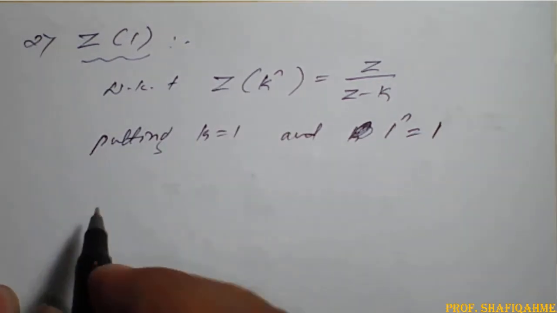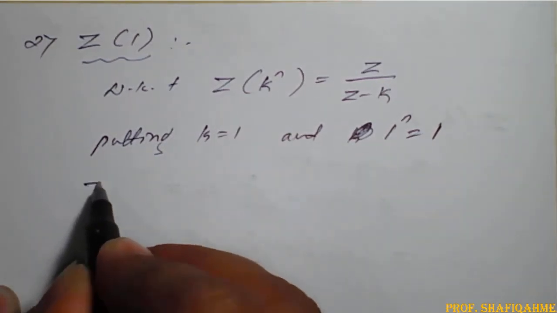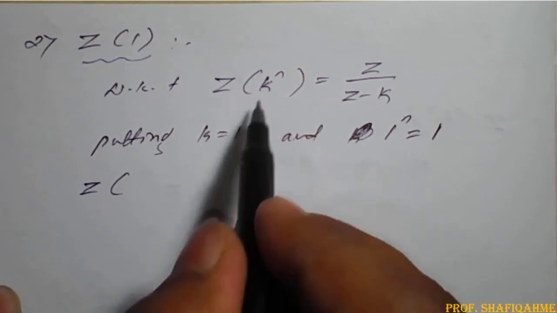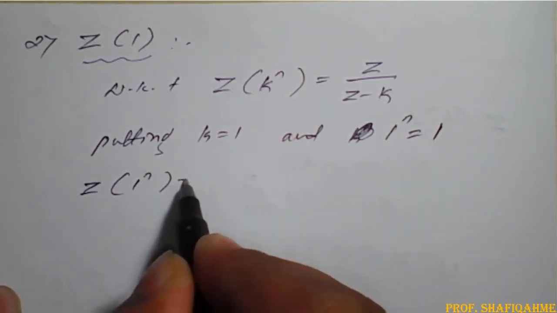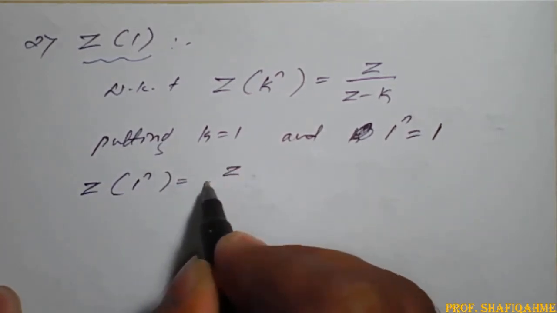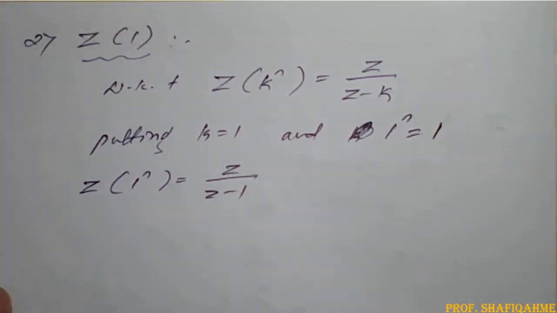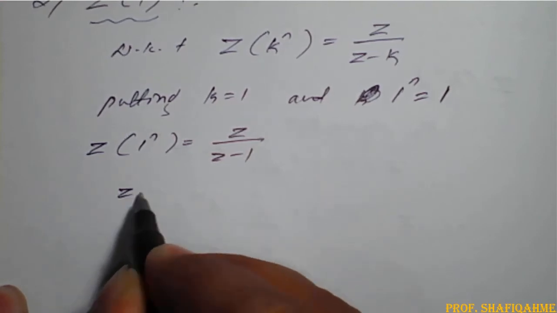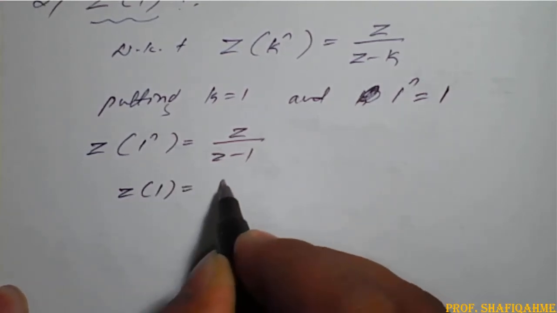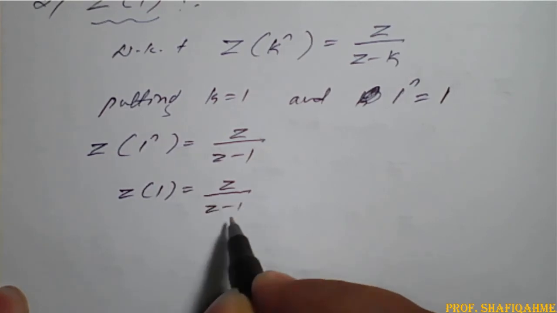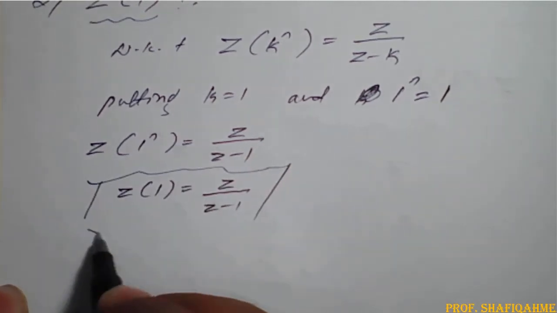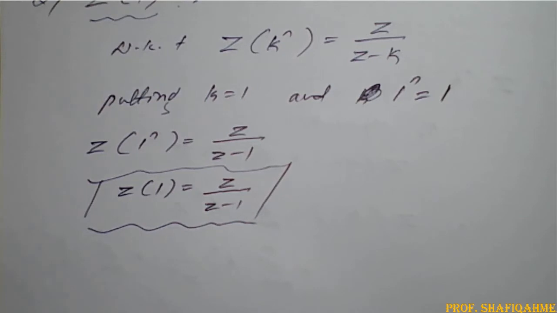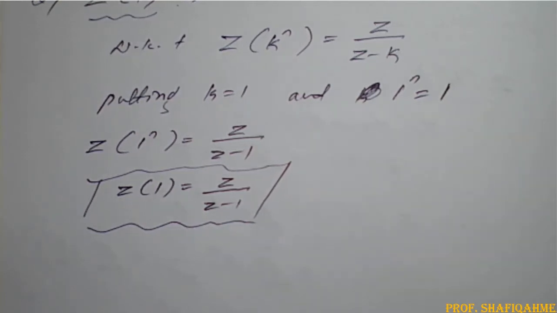Therefore, the Z transform of 1 is 1 raised to n divided by z divided by z minus 1, that is, z divided by z minus 1. This result you need to remember. So the Z transform of 1 is nothing but z divided by z minus 1.